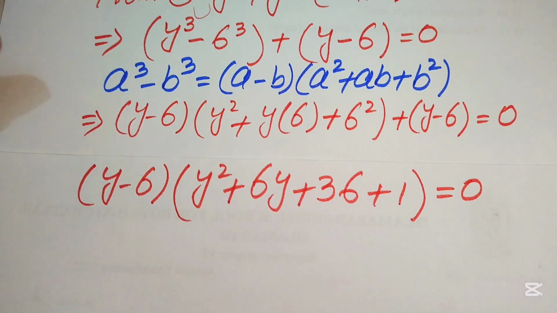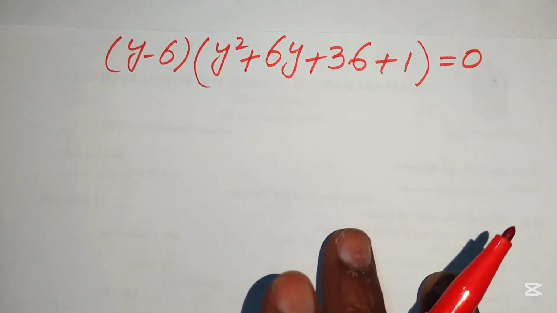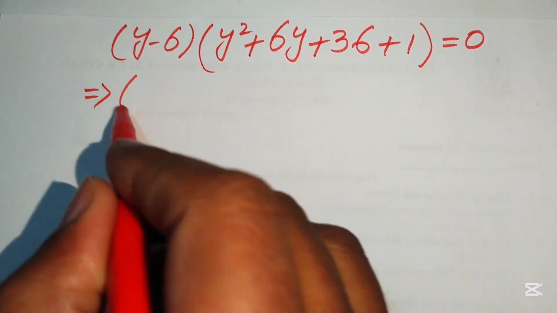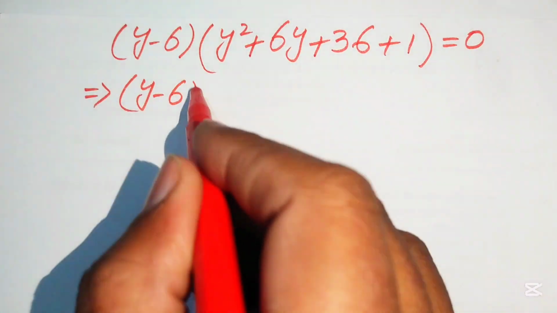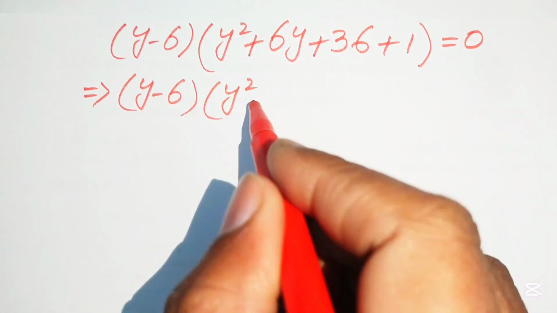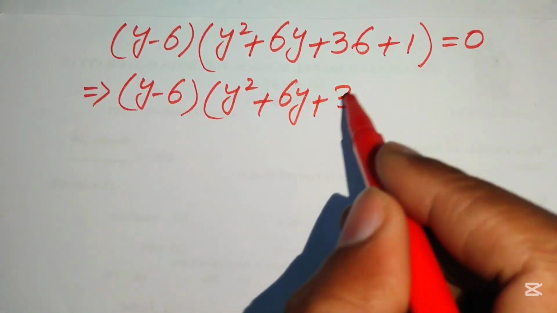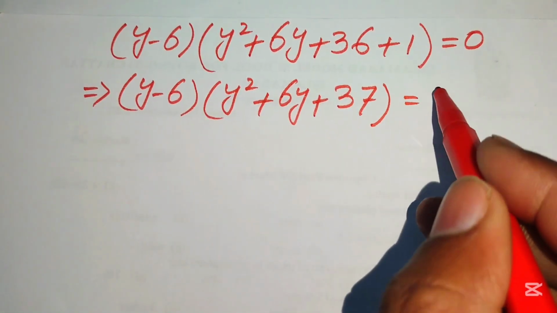Okay, so after that, here we need to add the like terms. So we have y minus 6 into y square plus 6y plus 36 plus 1 becomes 37, and this whole equation equals to 0.